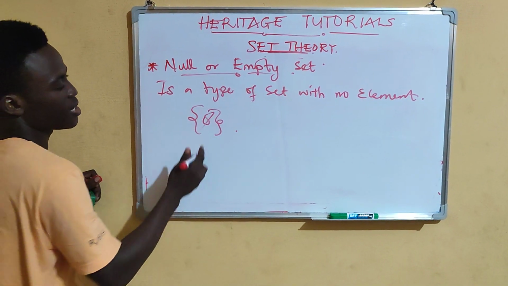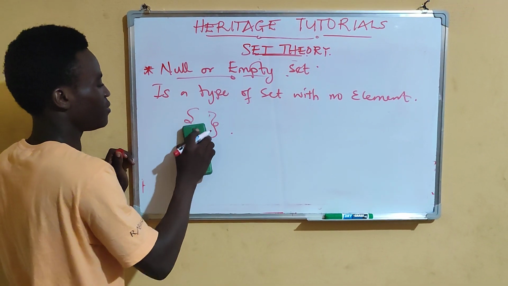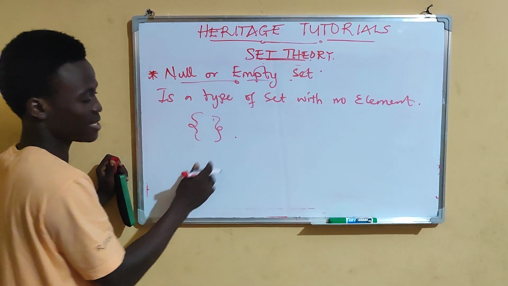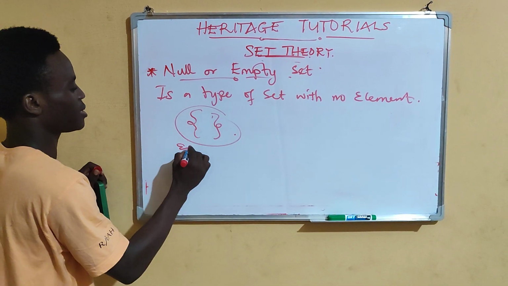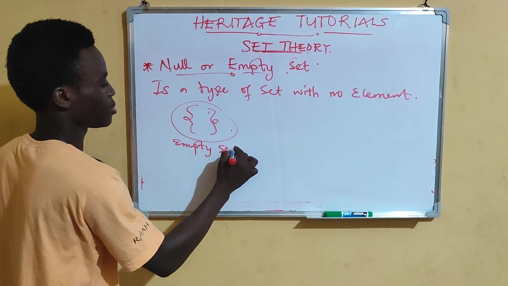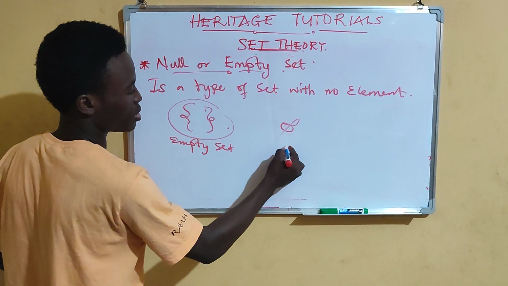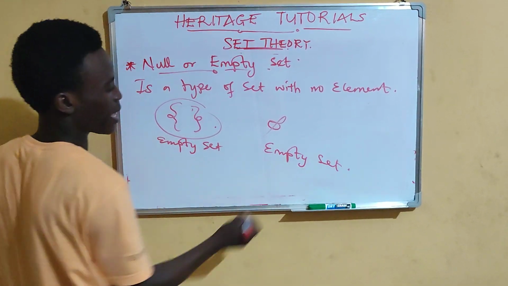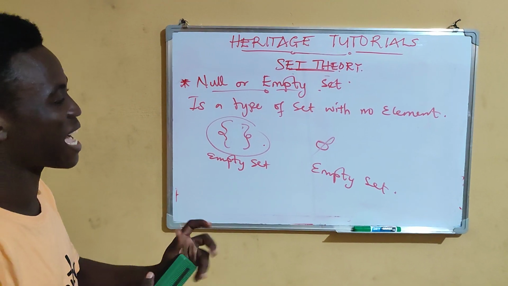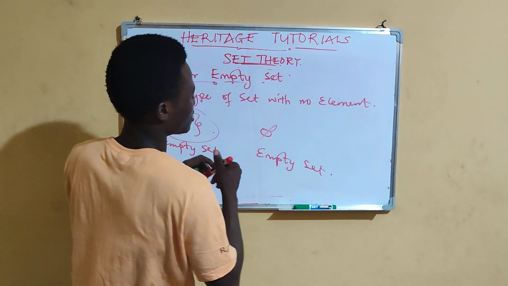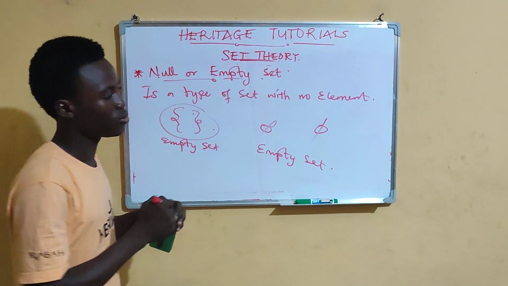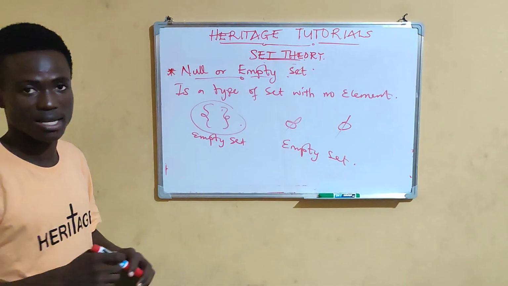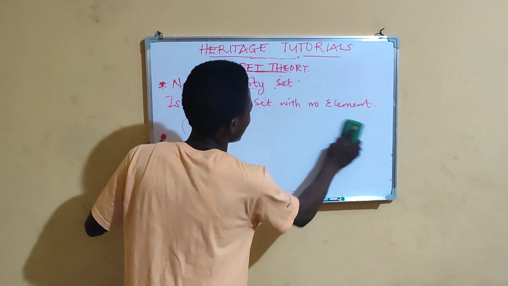Sometimes it is advisable you just leave it this way. This symbolizes an empty set. And they can also write it this way. This also symbolizes an empty set. Are you getting it? So it's just a kind of set that has no element. It's not having any element in it. So I hope you get that.